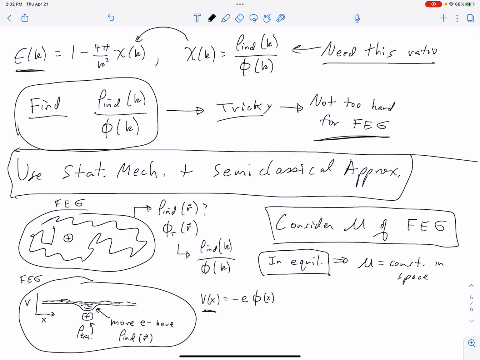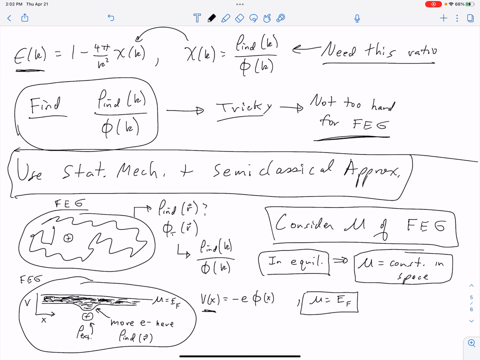But even though I have more electrons and the potential is changing in space, the chemical potential is constant. So this is the chemical potential, mu. You know that the electrons are filled up to the chemical potential in a metal, and we call the chemical potential the Fermi level. So there's a weird thing happening: in the metal, mu is constant in space, and mu equals the Fermi level.